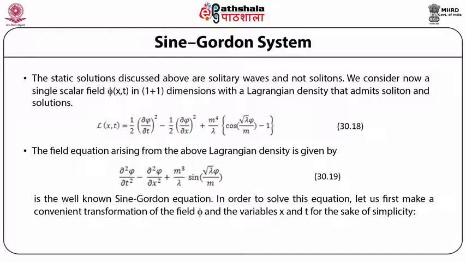In order to solve this equation, let us first make a convenient transformation of the field φ and the variables x and t for the sake of simplicity. So x′ = mx, t′ = mt, and φ′ = √λ/m · φ.